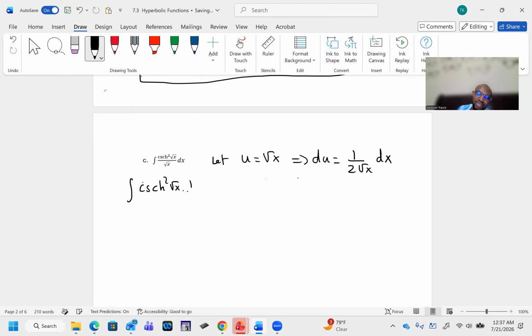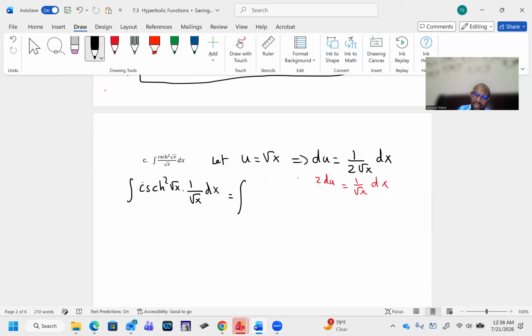I can write this as 1 over square root of x dx. You can see there is no 2 right here, but we have it, so I can multiply both sides by 2. Basically, 2 du will be equal to 1 over square root of x dx.